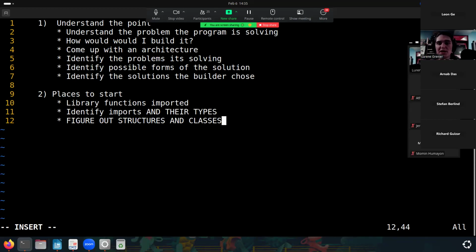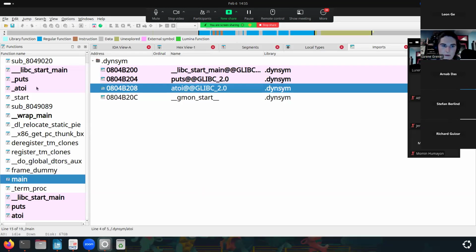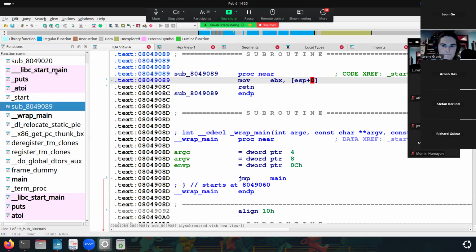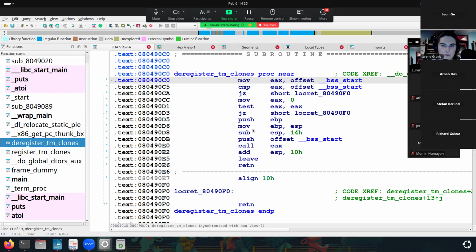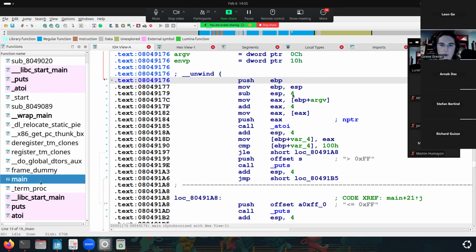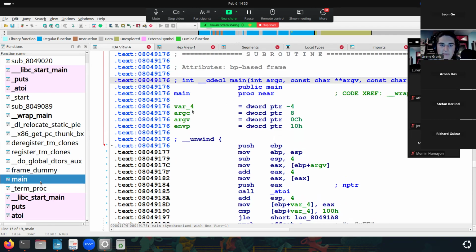And structures and classes will help you define functions and understand functions very, very easily, right? If you are looking at a function, the problem that we primarily have is if we don't know what these arguments are, we've got nothing to go on except for the library calls.